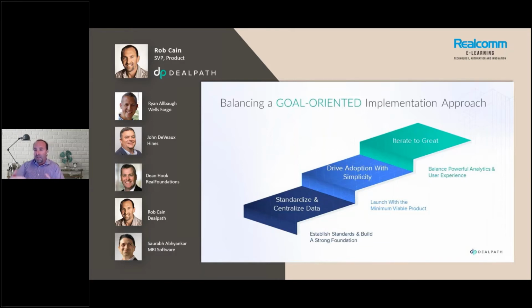Bring on ever increasing numbers of people and different teams within your organization, and start with and focus first on the most inefficient processes that you have. But as we'll talk about throughout this panel, make sure that you understand what the goal or the expected outcome of that technology investment and that implementation is.